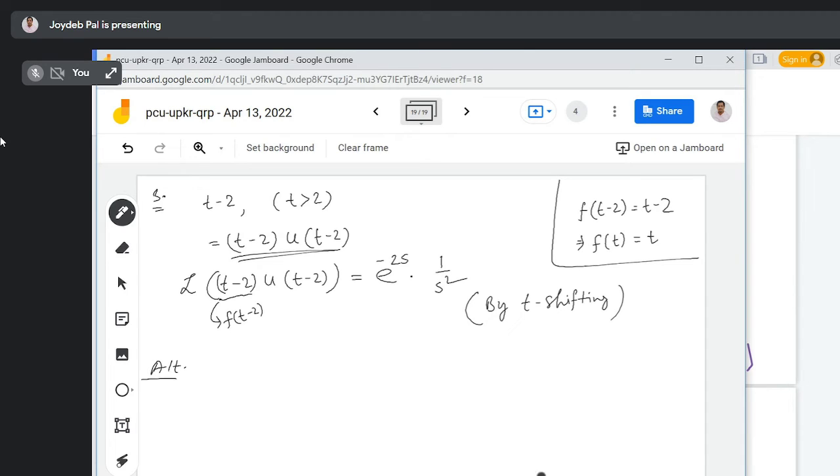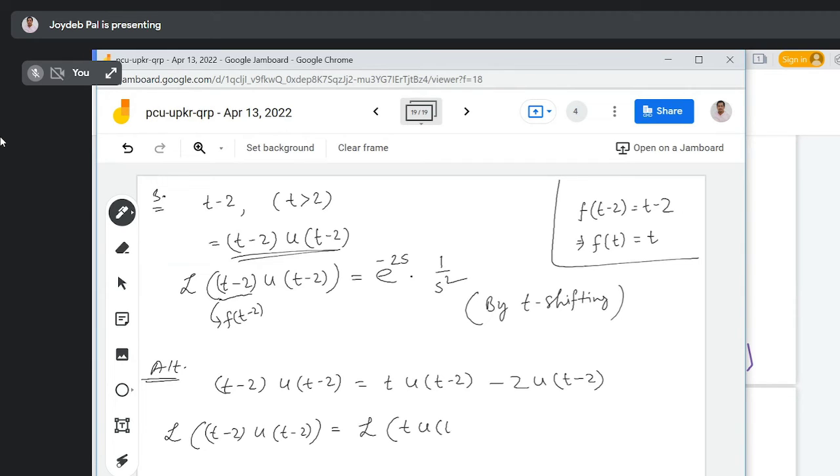The alternative is that you write (t minus 2) u(t minus 2) as t into u(t minus 2) minus 2 into u(t minus 2). Then the Laplace transform will be the Laplace transform of t u(t minus 2) minus 2 into the Laplace transform of u, since 2 is a constant. But this will become lengthy, unnecessarily.